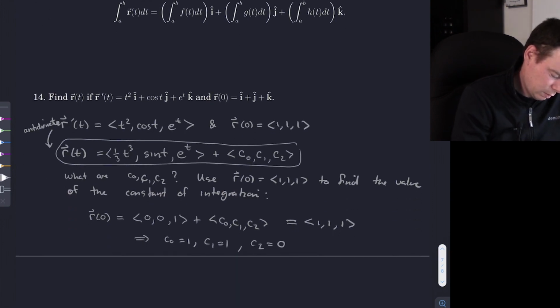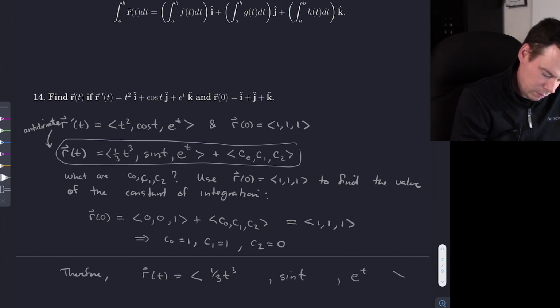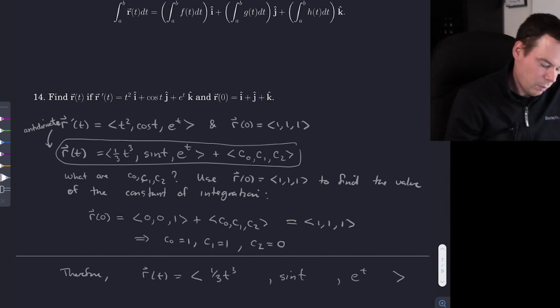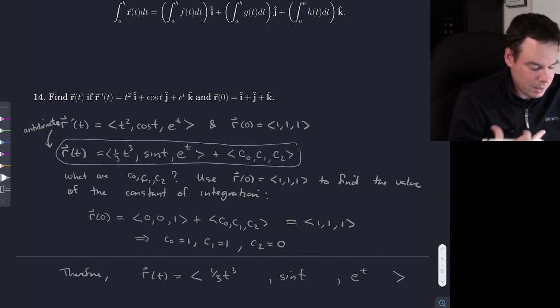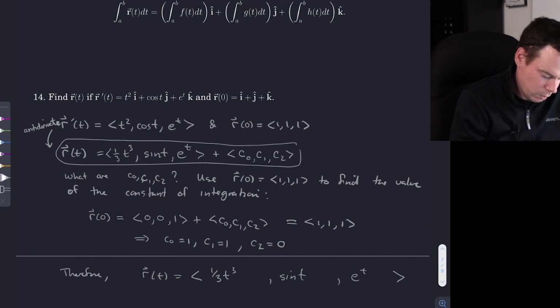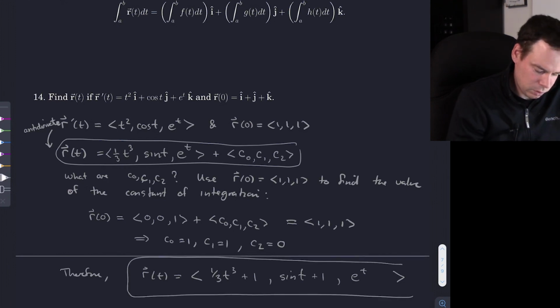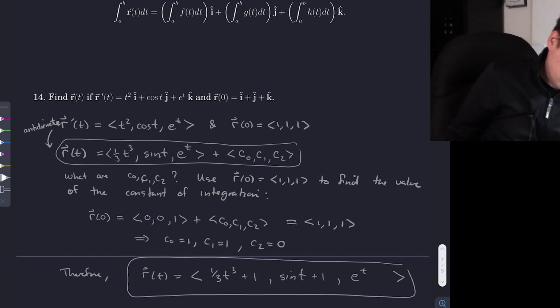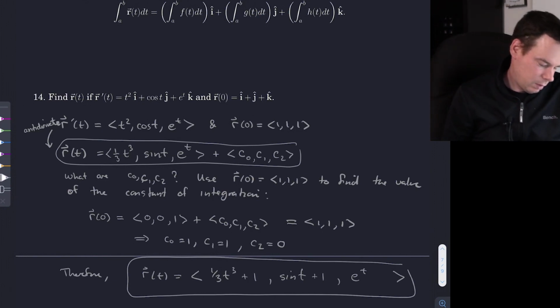And so therefore r of t is (1/3 t cubed, sine t, e to the t) plus the constants of integration, which we now know specifically: 1, 1, 0. So there is our function r of t.